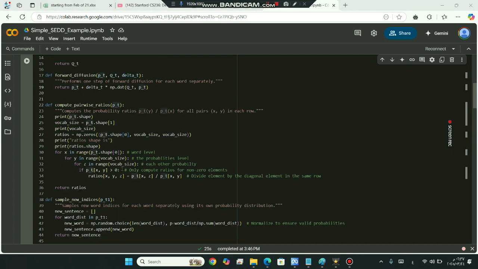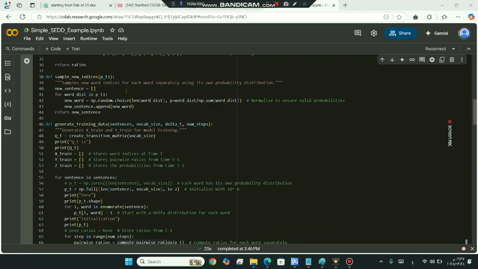Now this function will take in the probabilities and compute the ratios. This function will sample the tokens based on the existing probability distribution, using the random choice method which I have explained before.